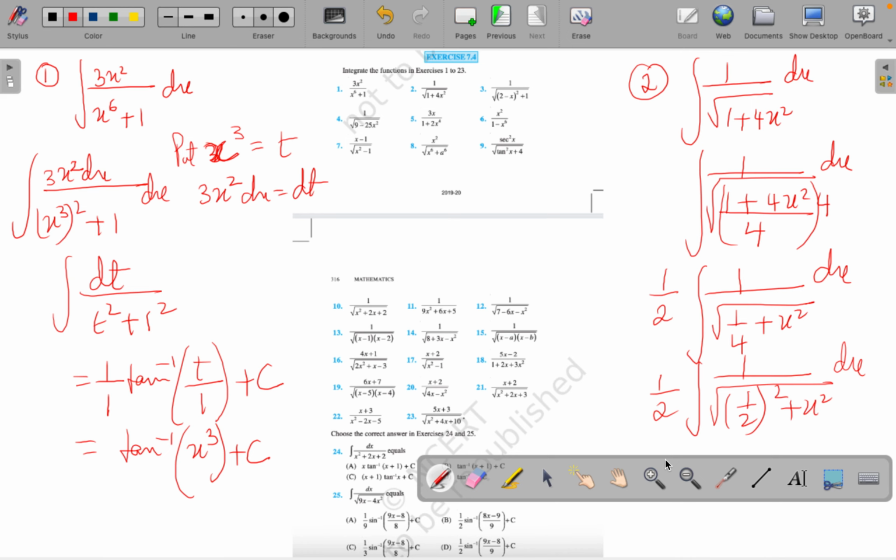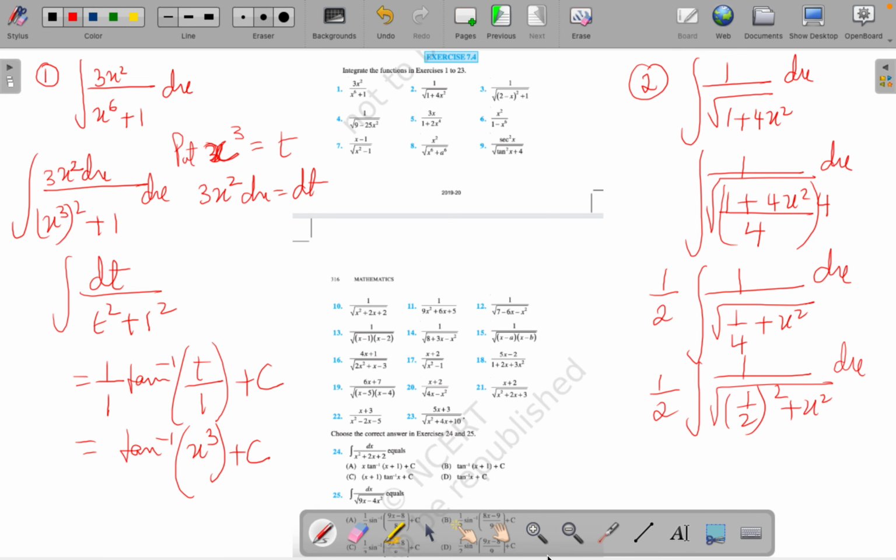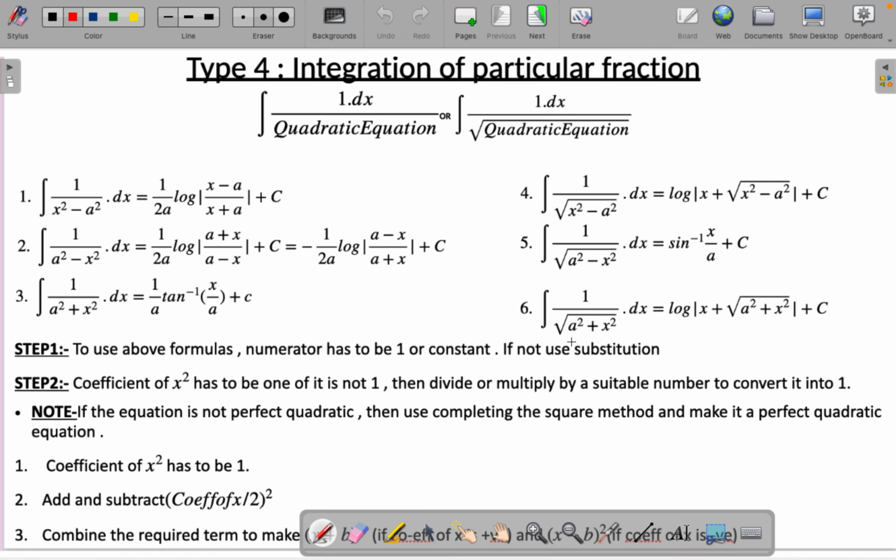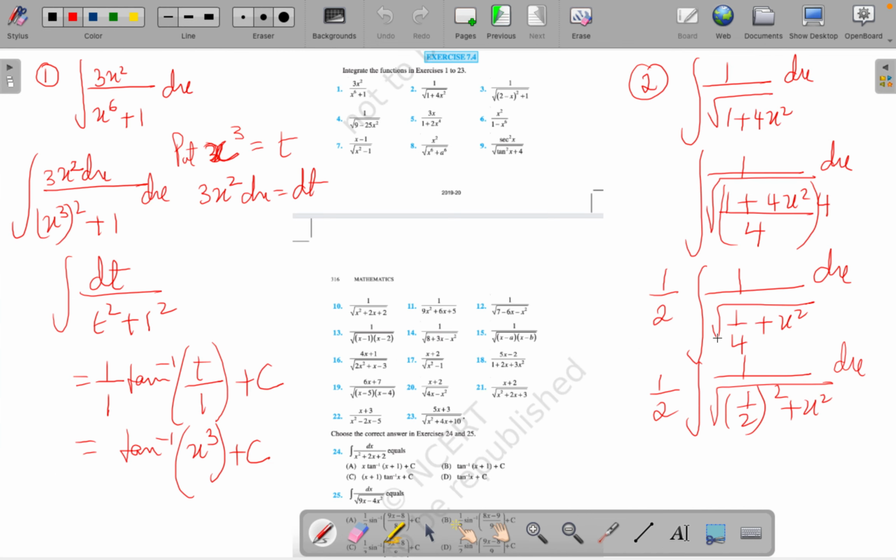So now the formula which will be used is, let's go to the previous one, under root of x square plus a square. So log of x plus under root of the question, plus c. Now I hope this is clear.